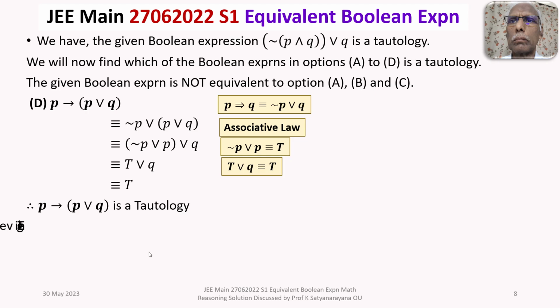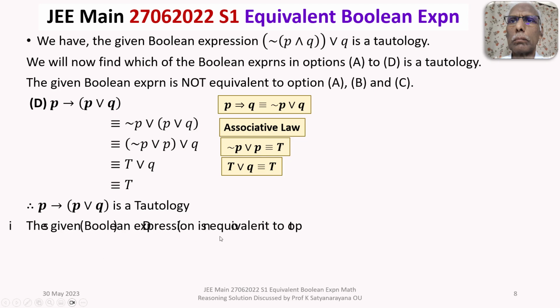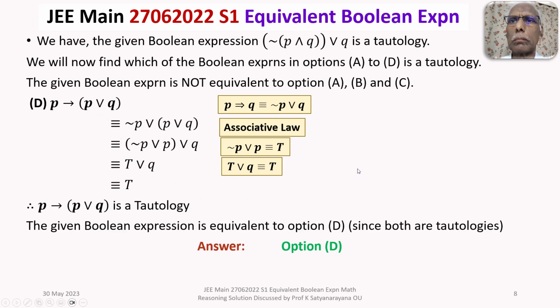Therefore, they are equivalent. The given Boolean expression is equivalent to the Boolean expression given in option D because they are both tautologies. So, the answer to this question is option D.